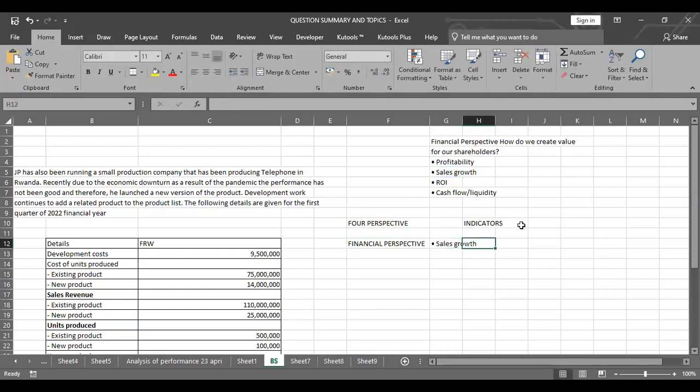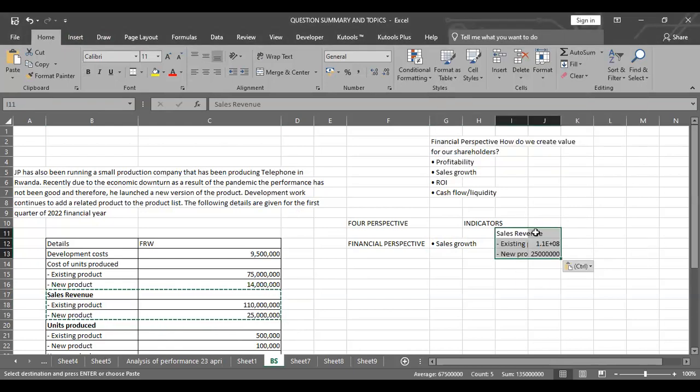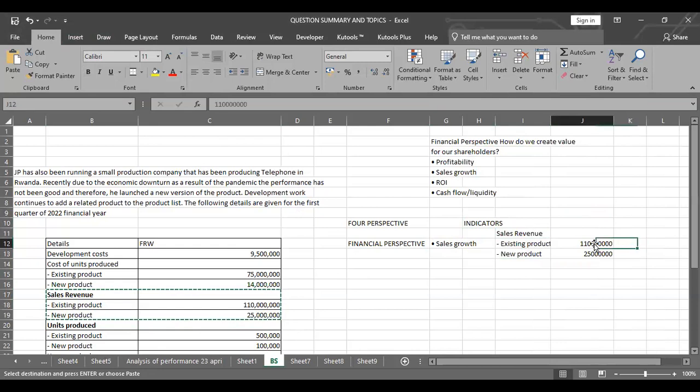Now, for the sales growth, there is the existing product, and we also need to check the new one. As you may get from the data, we have the data of the sales revenue, which could indicate whether there is growth, and we may analyze and comment further on it. Those are the components we have on the sales growth. The given data is that. So let's check and see.